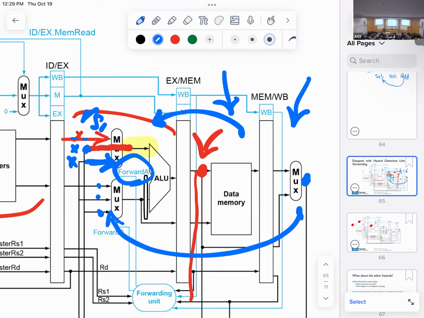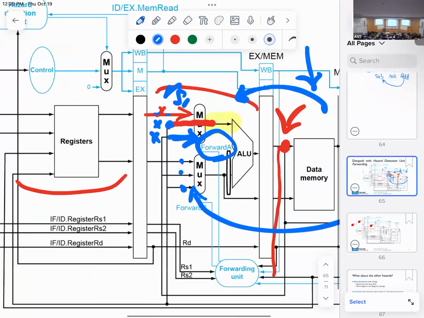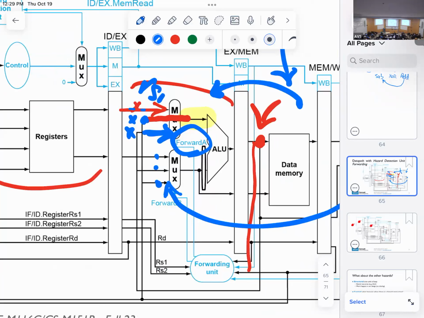Okay, so just a clarification, the red line, is that supposed to match up with the red line in the box? Because I think it might be a different line. Which red line? I have many red lines. Sorry, the one coming out of the EX/MEM. This one? Yeah. So that's supposed to connect with the red line in the middle of the box, right? Yes.